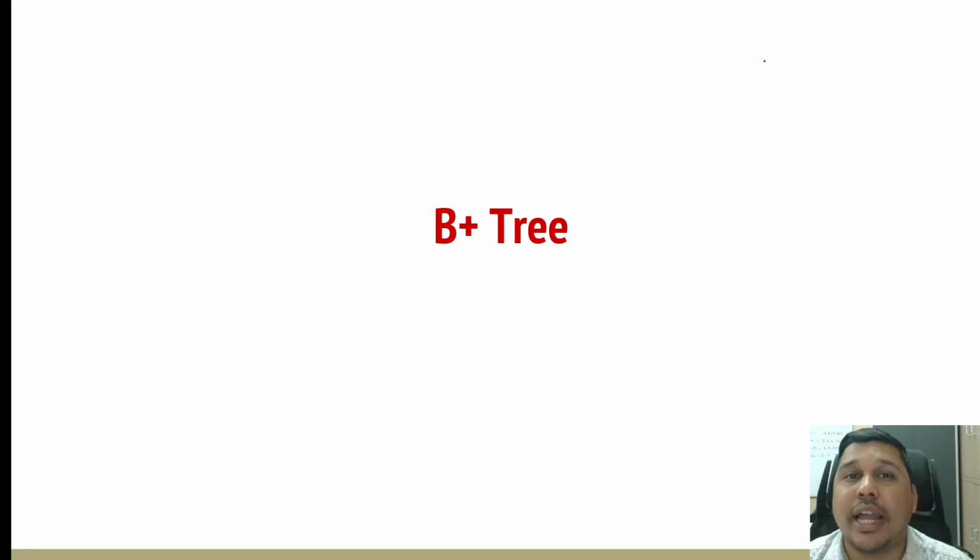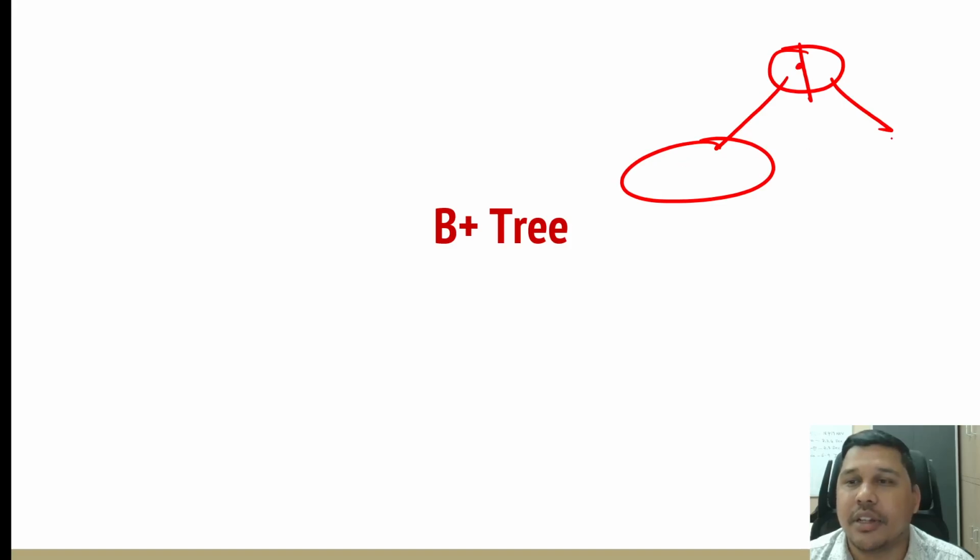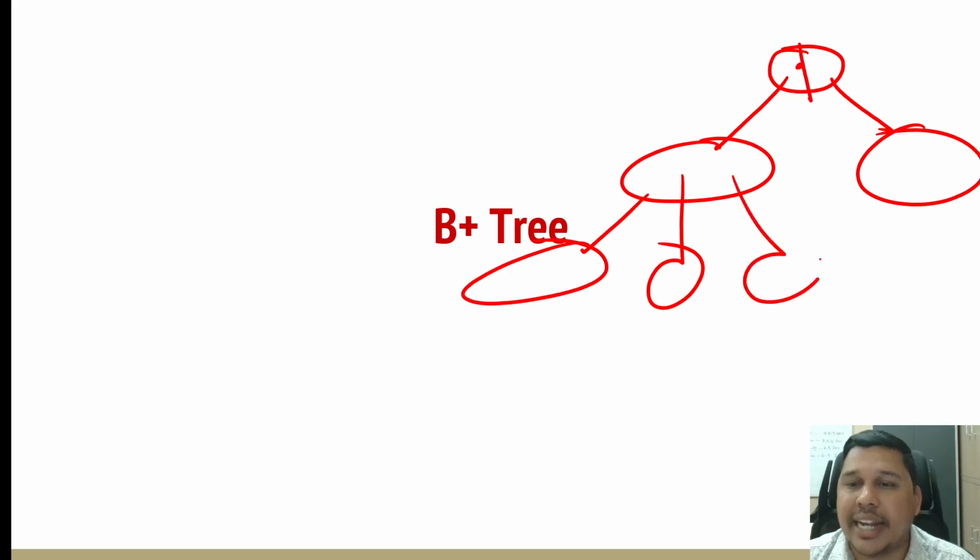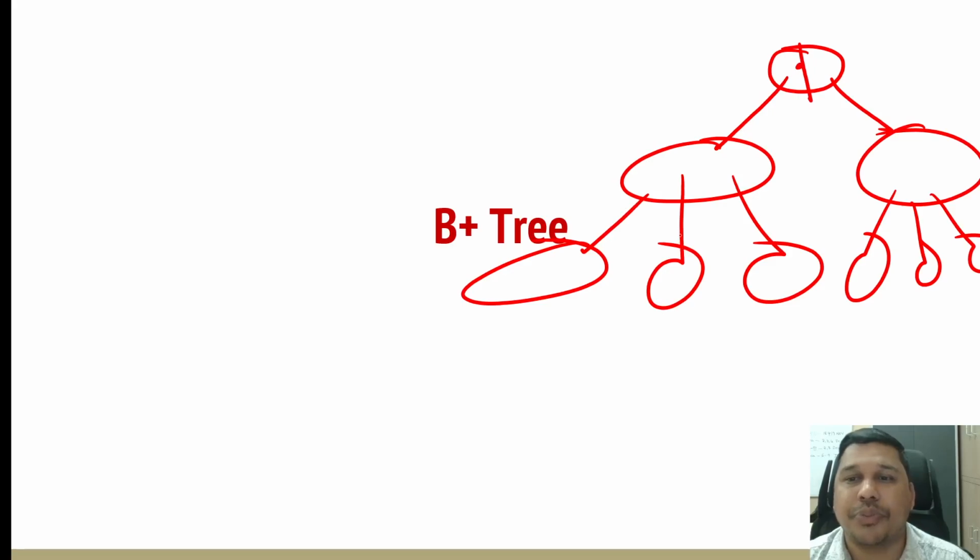Meaning, if I draw a B plus tree, I will have a node here, and it will not contain any element. It will contain 2 pointers, a left and right child pointer. Again, this will contain a left, a middle, and a right. This is the same as your B tree, but the elements will not be here.